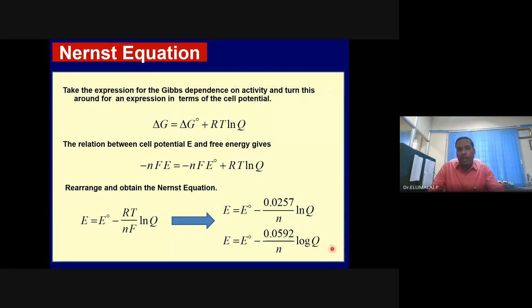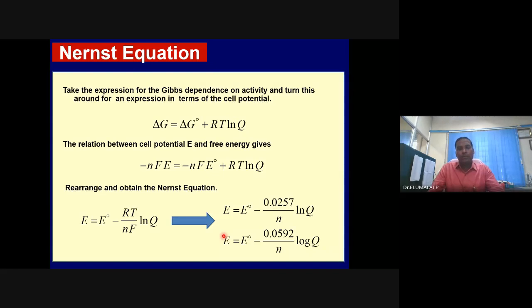So the concentration of the analyte will determine the cell voltage very much. All fuel cells and the lead acid battery: concentration of the sulfuric acid determines the cell voltage in a lead acid battery. You believe it or not. Concentration of the electrolyte is highly contributing to the cell voltage of the lead acid battery.